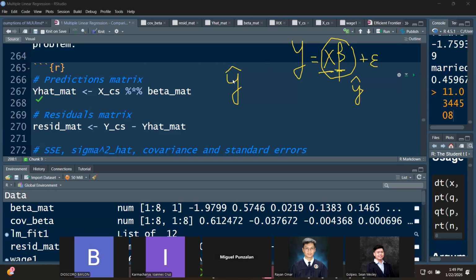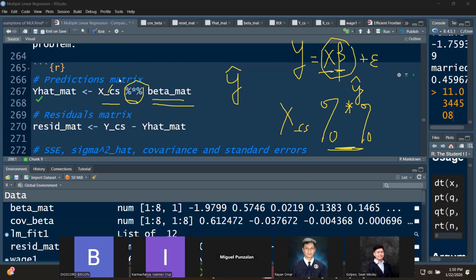That is our XCS, right? And then matrix multiplied by beta mat. XCS is our matrix, the array, so it's not a scalar multiplication. It's what we call matrix multiplication. In R, matrix multiplication uses percent, asterisk, percent, multiplied by your beta mat.